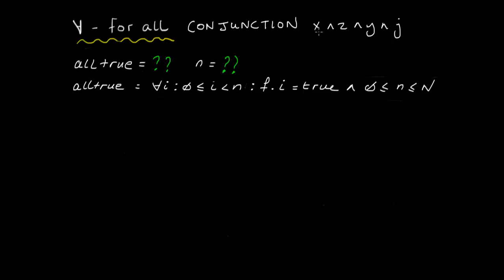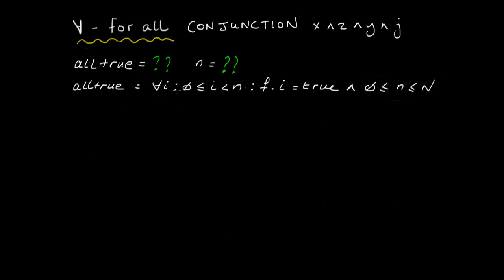In a conjunction, all it takes is one of these terms to be false, and the whole thing is false. The only way the whole statement is true is if every term in the statement is true. So if we have a look at for all, it's useful to look at an actual invariant and see how it behaves.